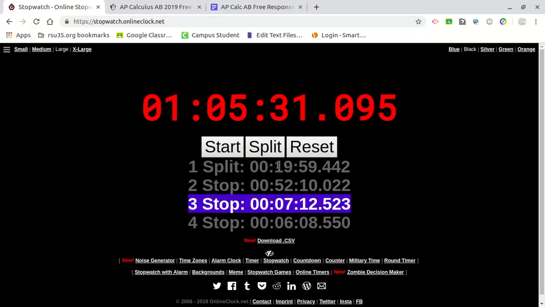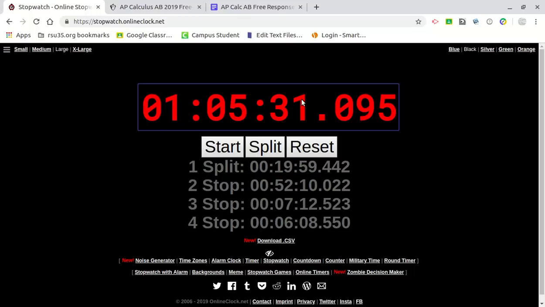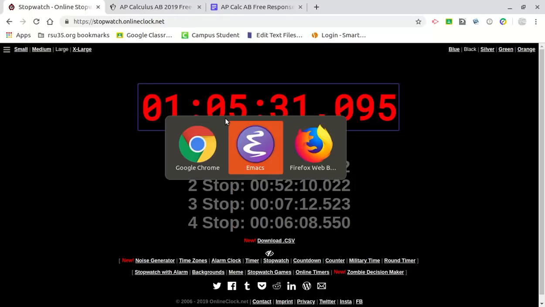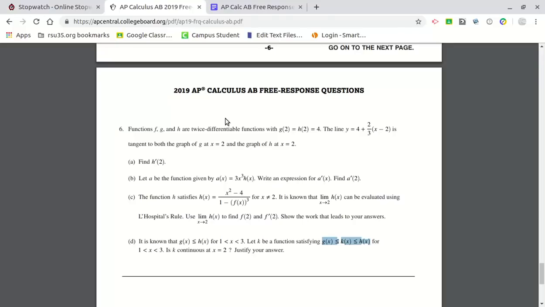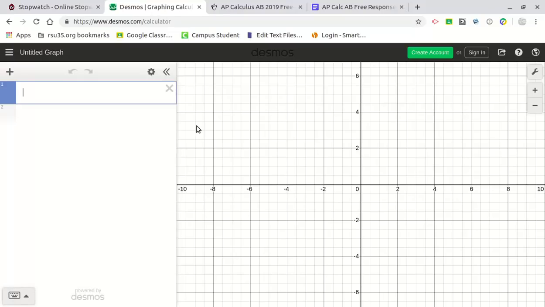So we take 19 minutes plus 59 seconds plus 52 plus 6, 8. Actually, this is the sum of all of the times, so I just subtract 7 minutes from that. Let me use a calculator. So 65 plus 31.6 is 0.95 minutes, over 60 minutes.